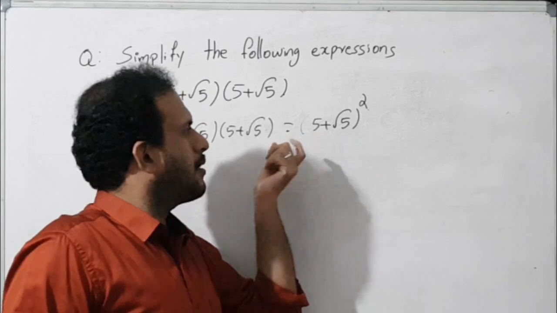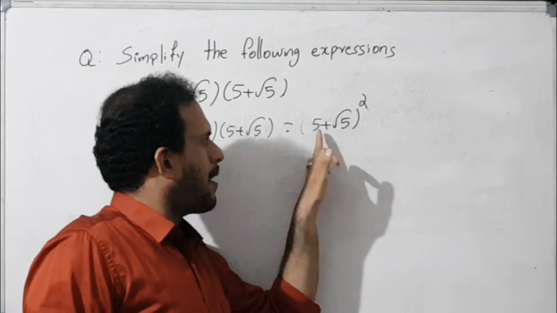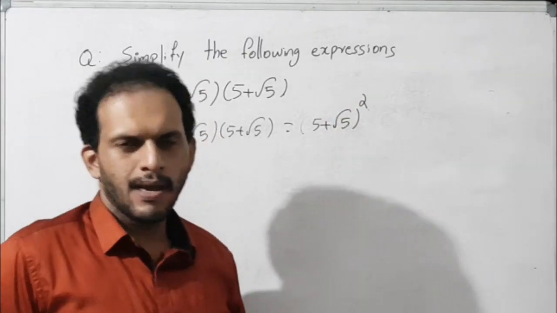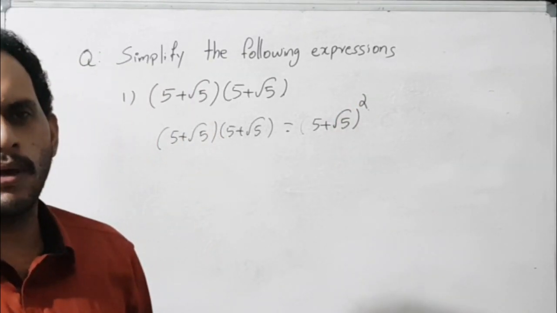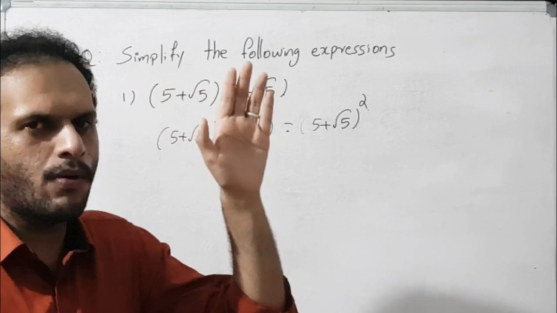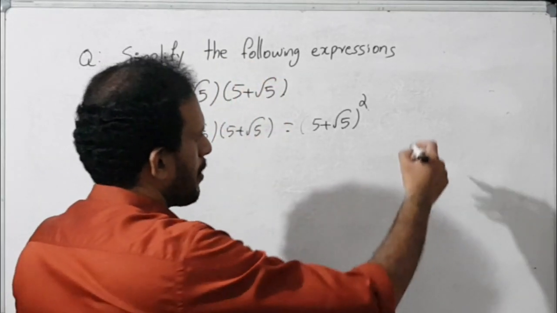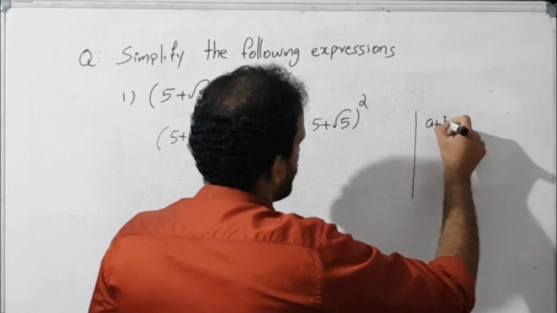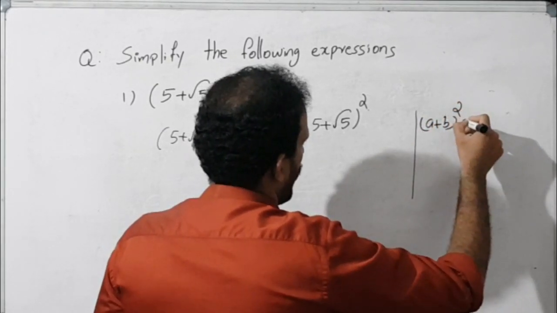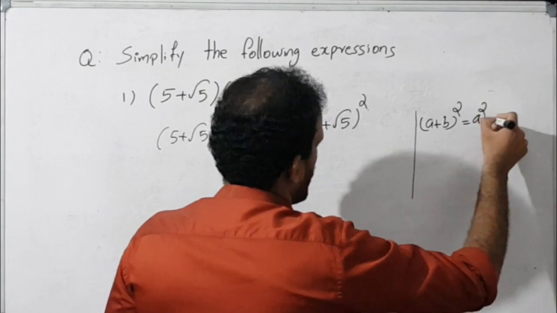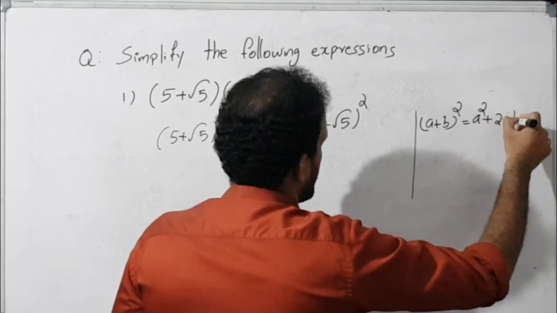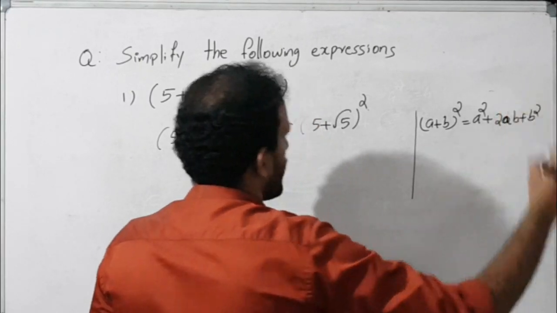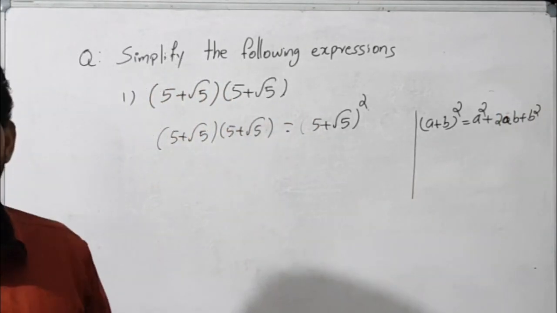This is in the form of a plus b whole square. Did you remember what a plus b whole square is? Otherwise, write it here: a plus b whole square is equal to a square plus 2ab plus b square.